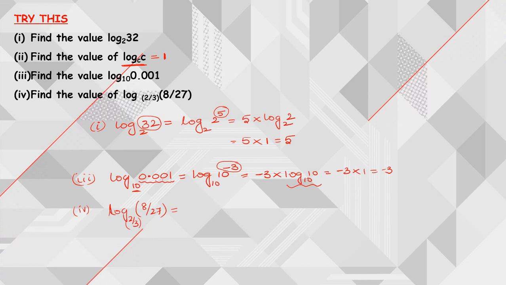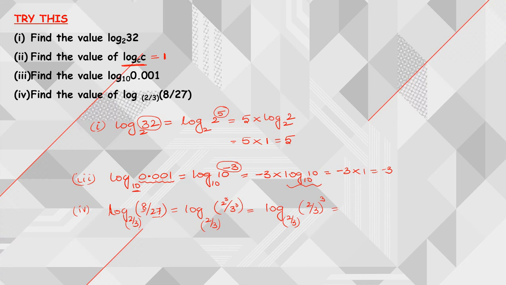If you observe it carefully, the base is 2 by 3, and 8 and 27 can both be represented as powers. 8 can be written as 2 power 3 and 27 can be written as 3 power 3, to the base 2 by 3. Now once again, 2 power 3 by 3 power 3, from the law of exponents, I can write it as logarithm of 2 by 3 whole cube to the base 2 by 3.